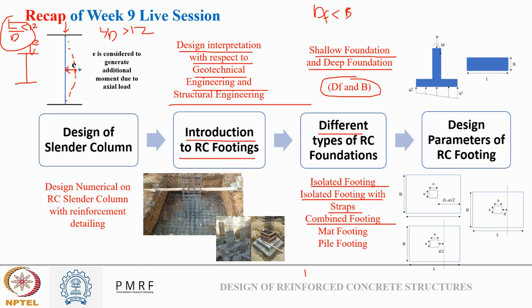It can be like two columns having a single footing. Then we have mat footing. Mat footing is like the whole basement having a single footing, so all columns are here, and we are not providing combined or isolated footings. We are providing a single footing for the whole building, so that is known as mat footing. And then there is pile footing. When we go for deep foundations, we provide pile footing.